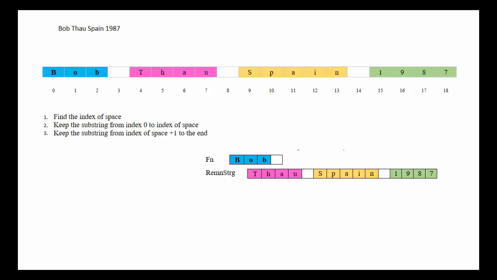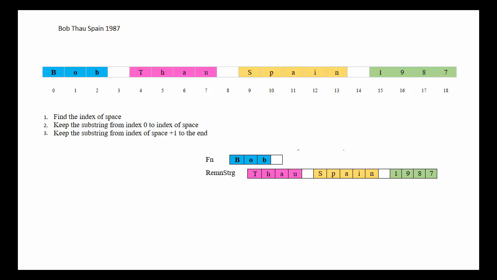At the end of the above algorithm, we may envision our string has been broken down to 2 strings. The first one, assigned to fn, let's say variable, will contain Bob and the blank space, and the second substring, let's assume we call it remaining string, will contain Thor space Spain space 1987.